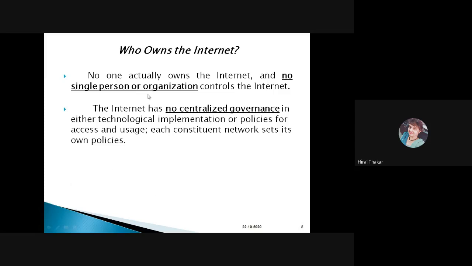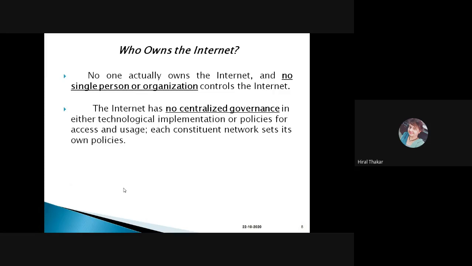Yeah, let us just go through it. The internet has no centralized governance in either technology implementation or policies. For access and usage, each constituent network sets its own policy. So every network will have its own set of policies, right? Whenever we are using a network, we have to follow their policies.